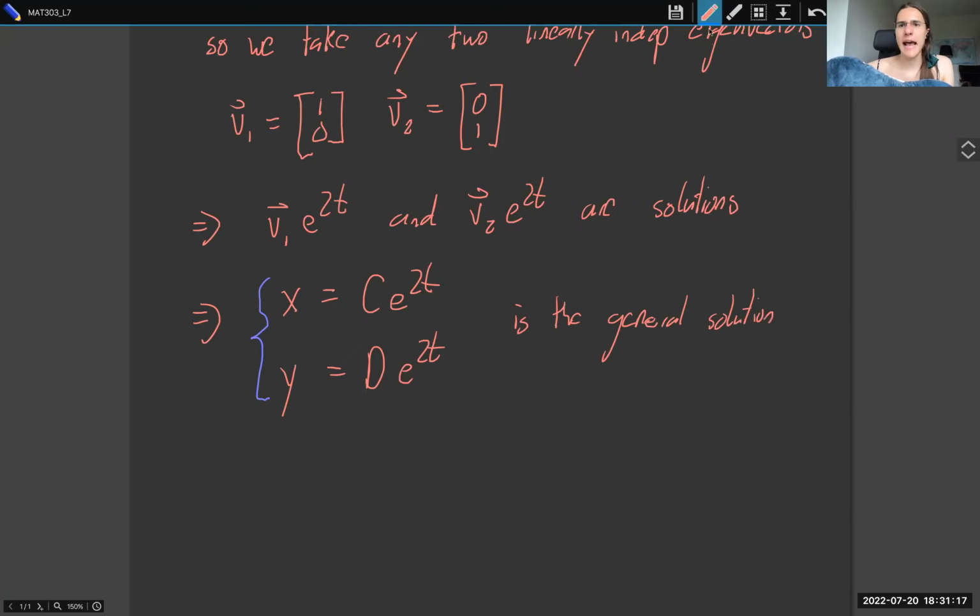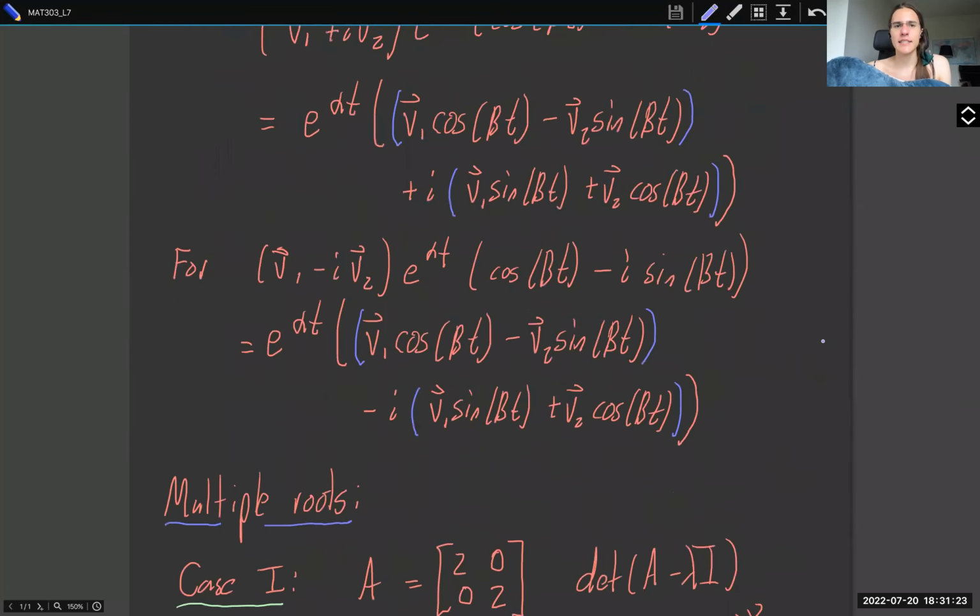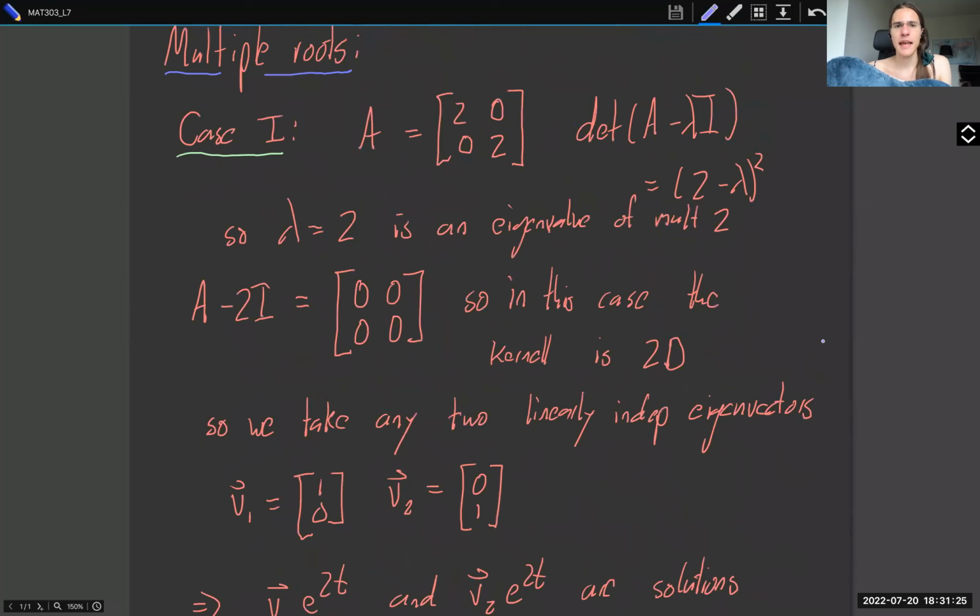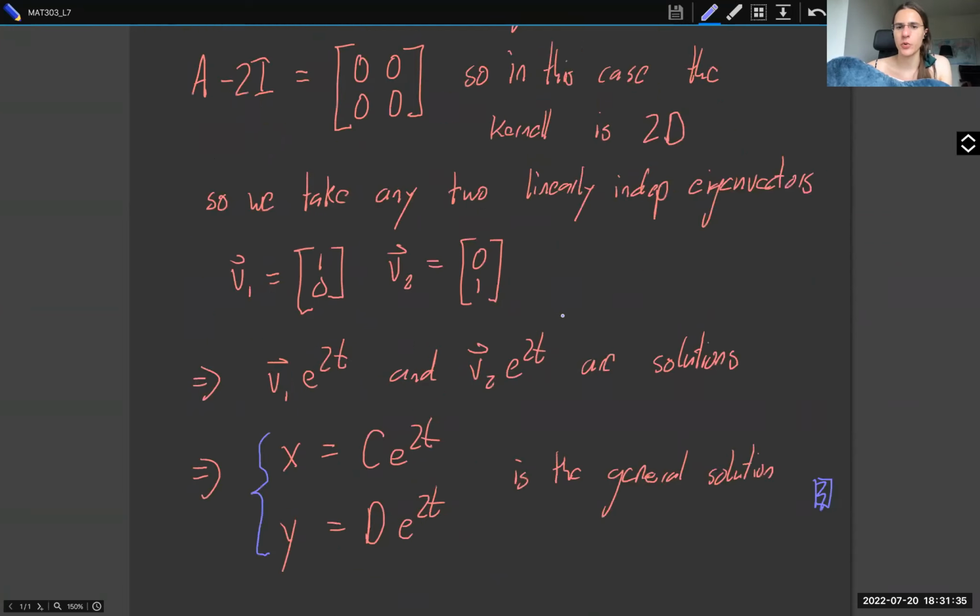And if you think about it, x and y sort of aren't interacting, because if you think about what the equations are, it's that x prime is equal to 2x and y prime is equal to 2y. So it's good that we found solutions in which x and y don't interact, right?